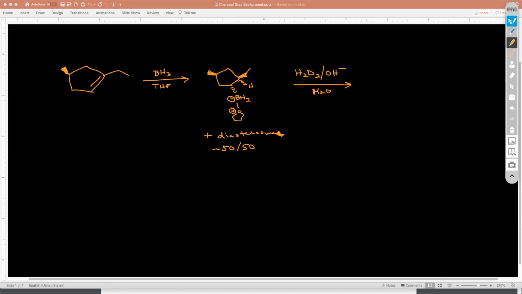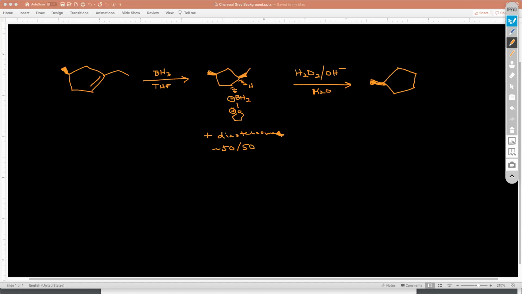All right. So with that said, the next thing that I just want to point out is that there will be a retention of stereochemistry as the oxidation step takes place. So let me go ahead and draw my cyclopentane ring. I've rotated this just ever so slightly, but that's where my methyl group is.